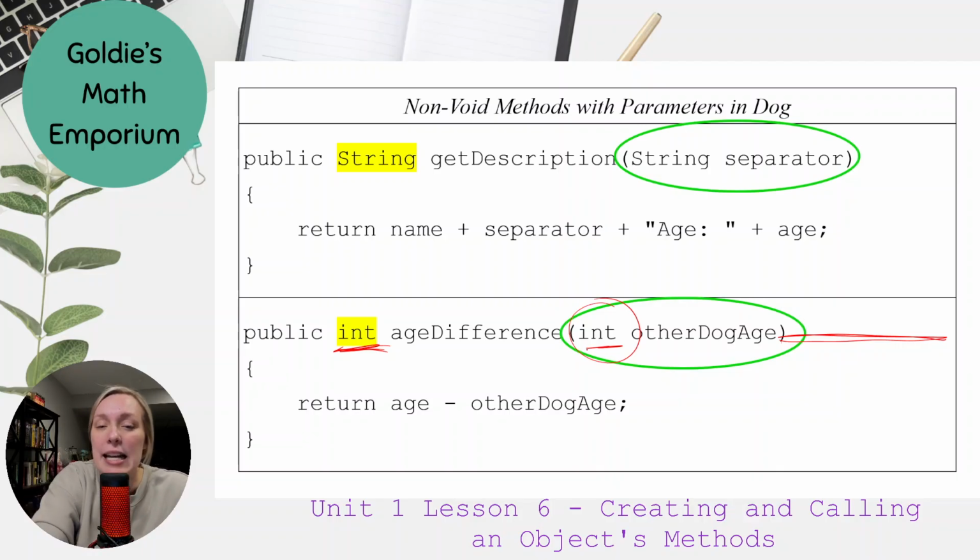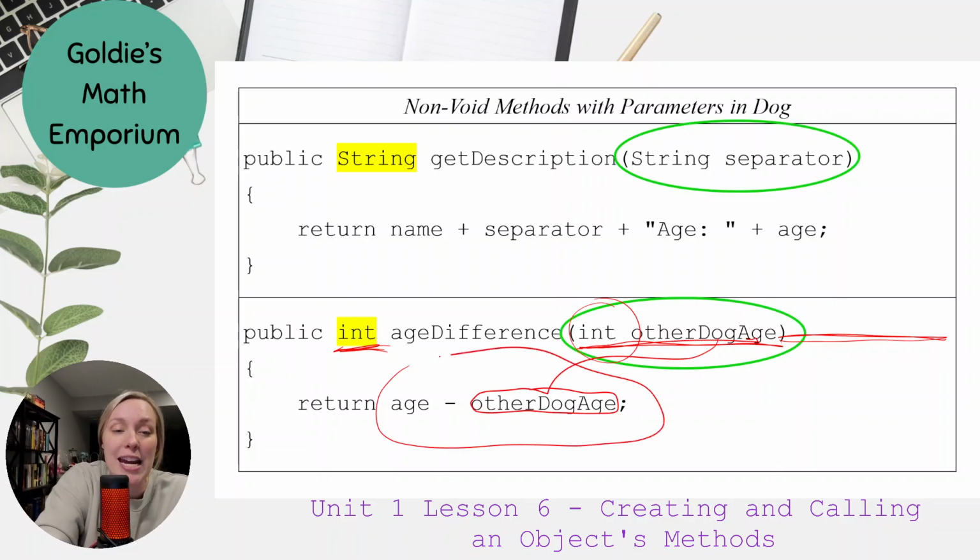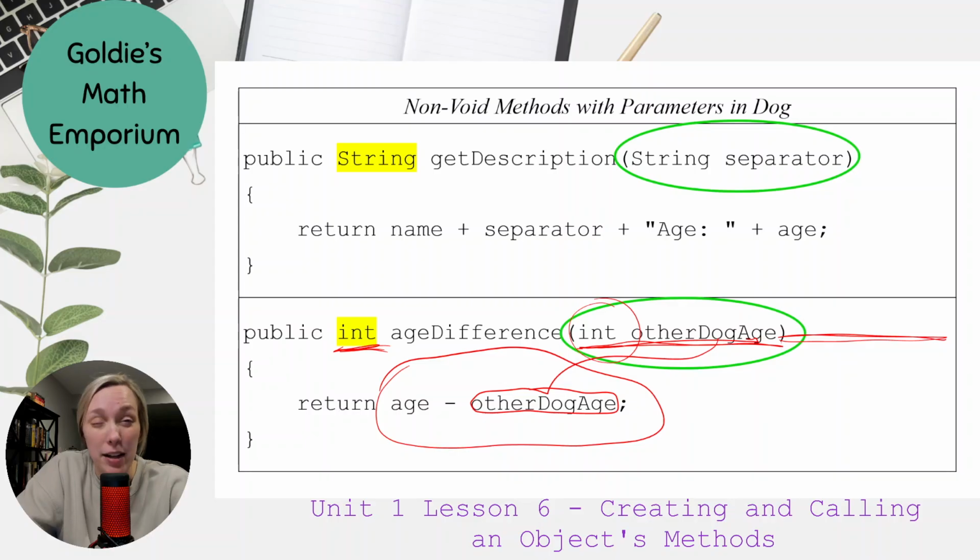So I'm passing it int otherDogAge, and whatever integer I pass it, it's going to be used in this expression. This expression is going to return age minus otherDog. So whatever age of my dog is minus the other dog. Okay, and it's going to return that value as an integer. And remember, it just returns that value. It does not actually update age at all.